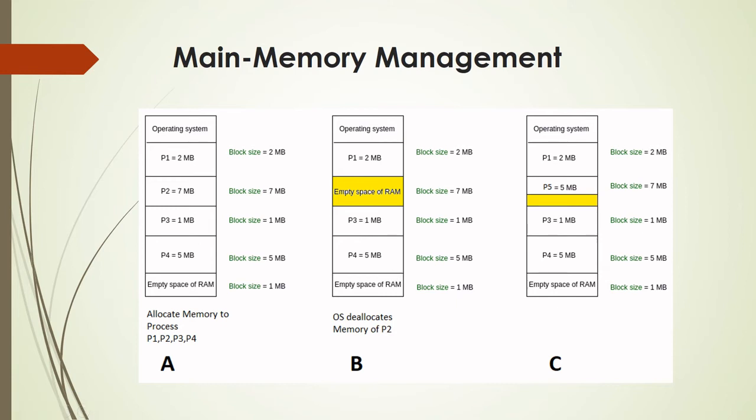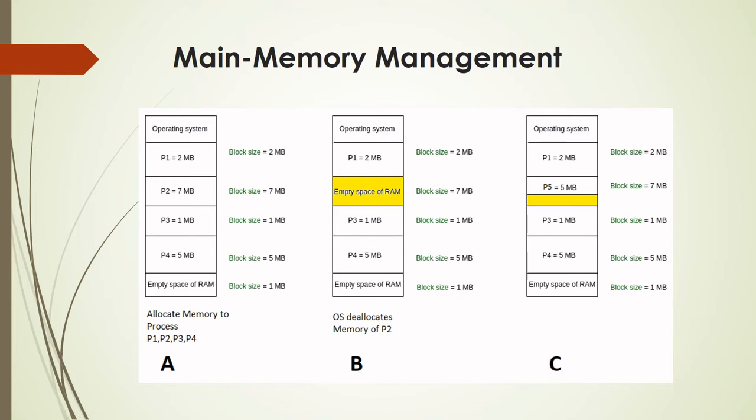And it is observed that this free space of 7 MB is big enough to store the process P5 of size 5 MB. So the process P5 of size 5 MB is stored in this particular space and the leftover space is again empty, and the remaining is empty in figure C. So if we see in this example, allocate and deallocate is one of the functions.